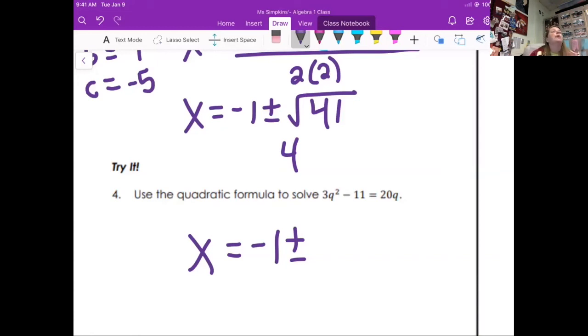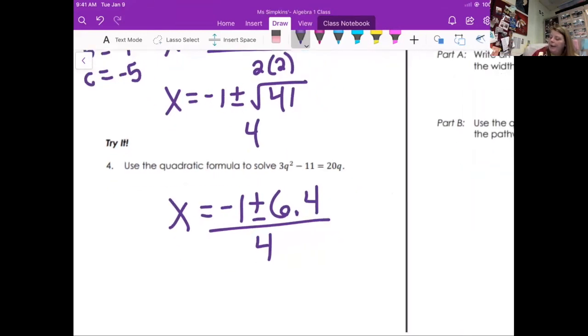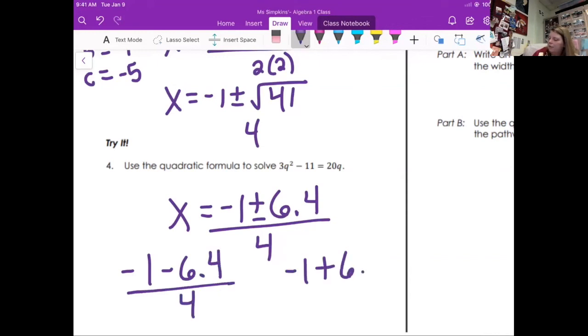So 6.40, or 6.4. So all I did was take the square root of 41 to get 6.4. So now I can do negative 1 minus 6.4 divided by 4, and negative 1 plus 6.4 divided by 4.